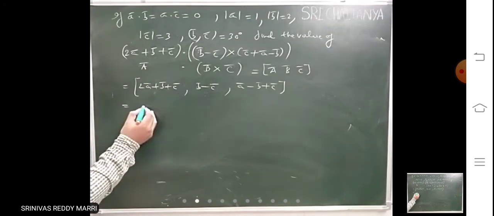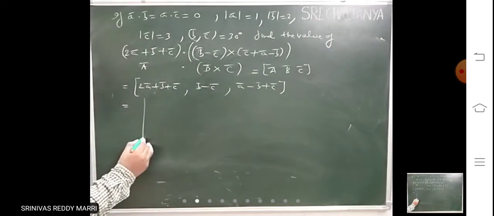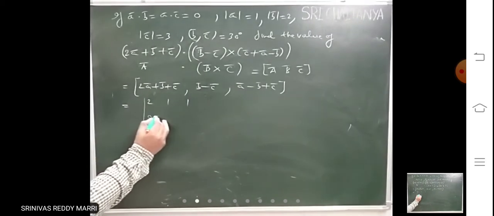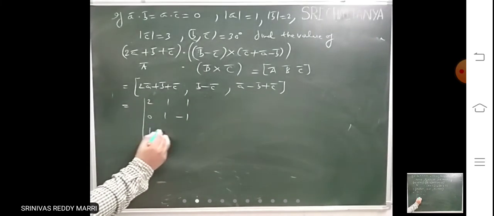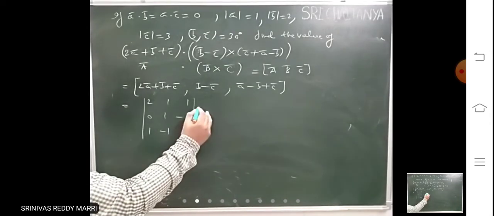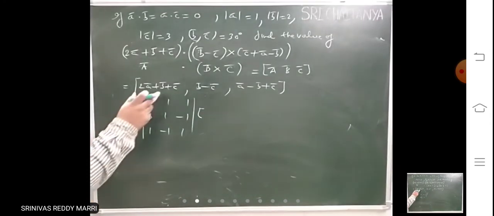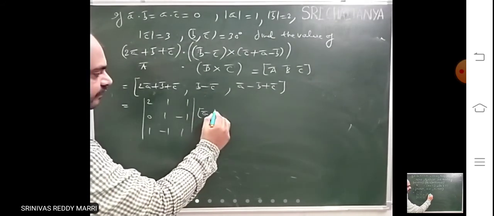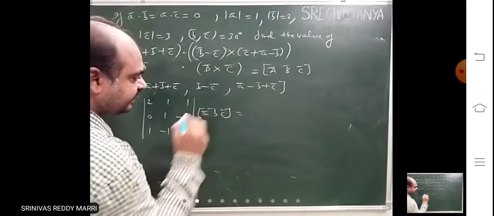That means the box is nothing but the determinant 2, 1, 1; 0, 1, minus 1; 1, minus 1, 1, into box of A bar, B bar, C bar. Each and every vector is expressed in terms of A, B, C; that must not be forgotten.